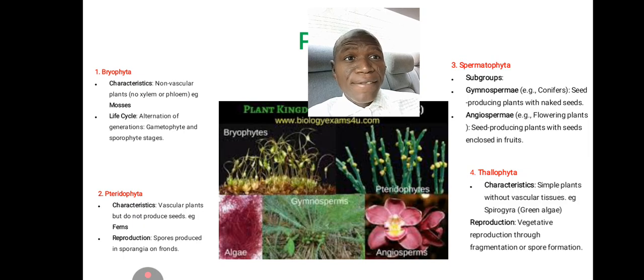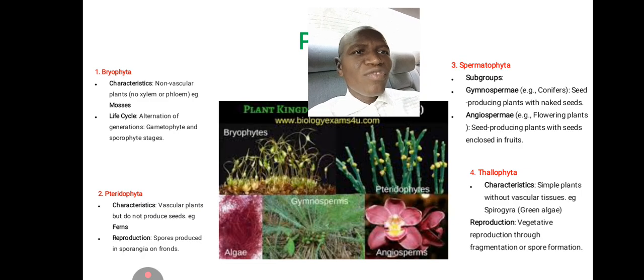So Thallophyta are the least, followed by Bryophyta, followed by Pteridophyta. Pteridophyta have vascular tissues, but they don't produce seed. So they produce spores too. And we have only one example here, ferns. Ferns are examples of plants under Pteridophyta.